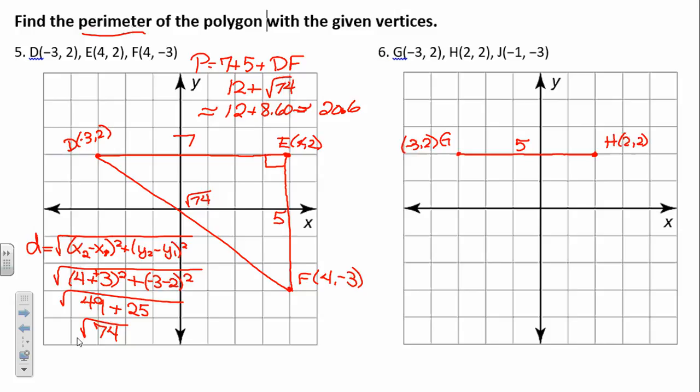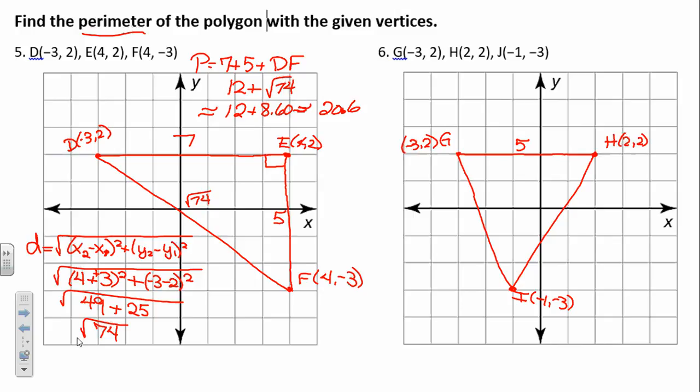And then I is at negative 1, negative 3. So to complete that triangle, hopefully you use your planner or some other straight edge to make a nice, neat triangle. And we only have one nice number, one horizontal segment to count.